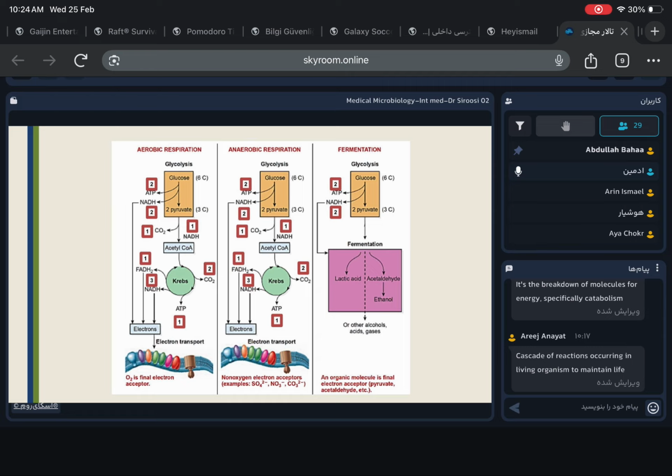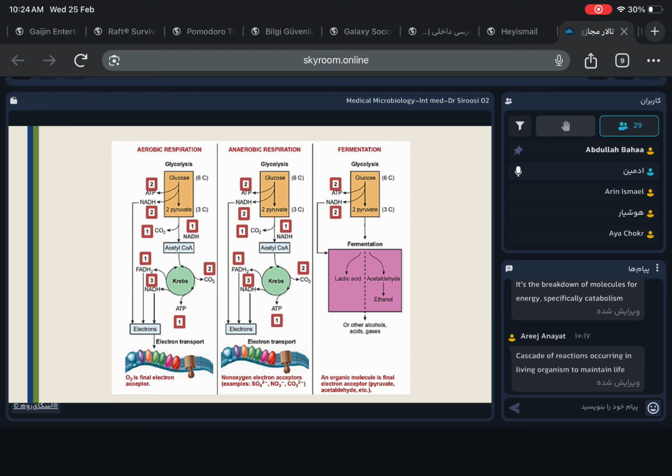Each acetyl coenzyme A enters the Krebs cycle. As we had 2 pyruvate molecules, we have 2 acetyl coenzyme A, and each acetyl coenzyme A enters 1 Krebs cycle. During each turn of the cycle, 1 ATP, 3 NADH, and 1 FADH2 molecule are produced.